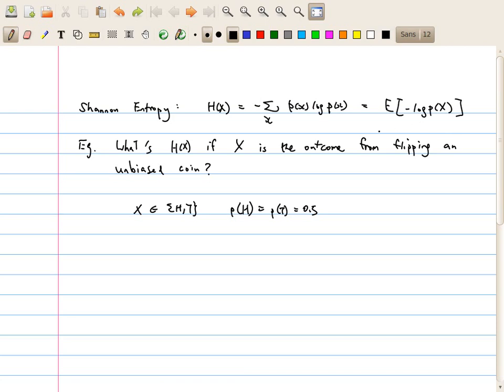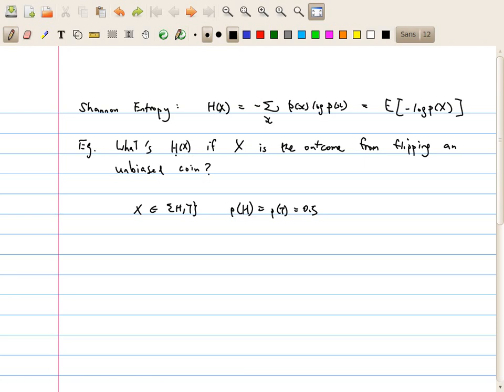So anyway, we'll give more evidence why the Shannon entropy is given by this expression later on, but for now I just want to look into a simple example here. So let's say we have a random variable X that represents the outcome from flipping an unbiased coin.